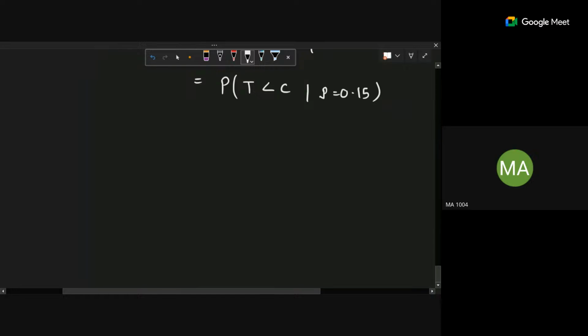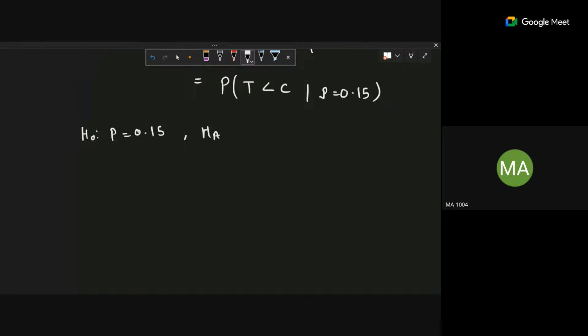She is saying that in our question, we have given that the first machine, the standard machine, which is failing to detect the disease, has probability 0.15. Now we move to the new machine and we are checking whether that new machine is superior or not. For that, we will conduct a hypothesis test. We have taken our H naught as P is equal to 0.15 and alternative as P less than 0.15, right?